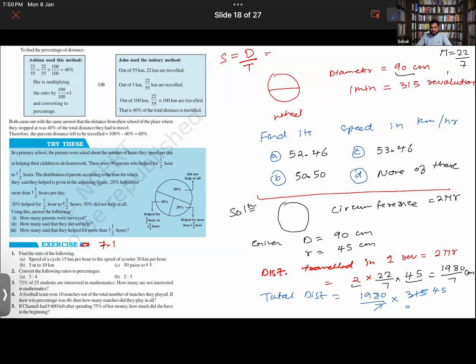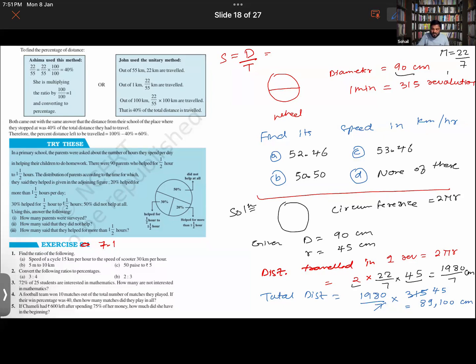No, I don't think so. Sir, it is 88,000. So 89,100. 89,100. Exactly, that should be the value. Ahmed, you got the same value? 89,100 centimeter. I think you are making a mistake here in solving the question.